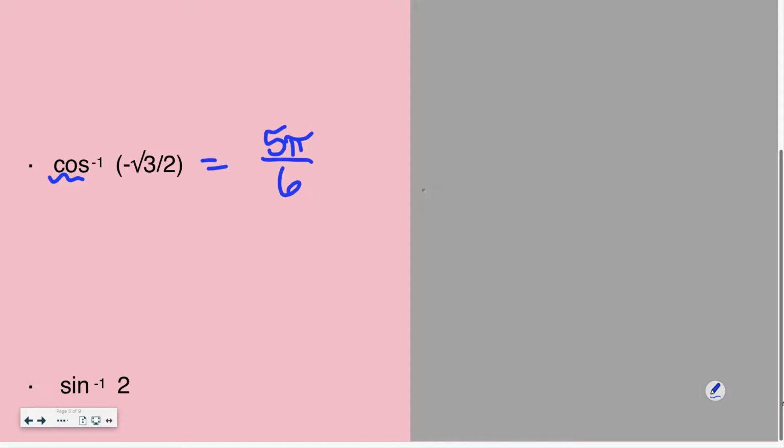Inverse sine of 2. Guy just said, can't we not do that because our domain is negative 1 to 1? He's exactly right.